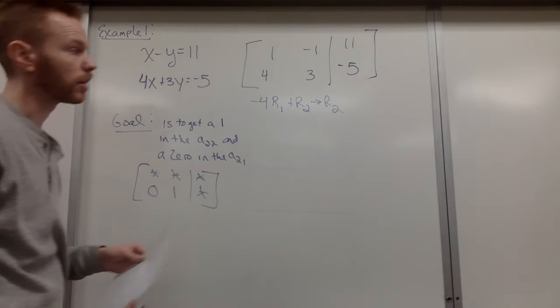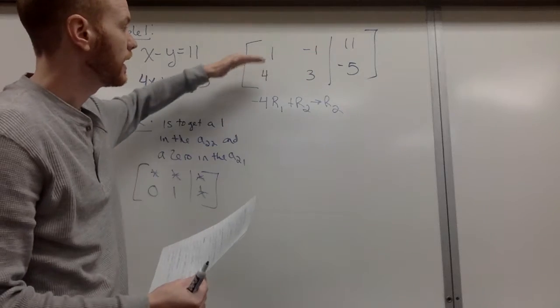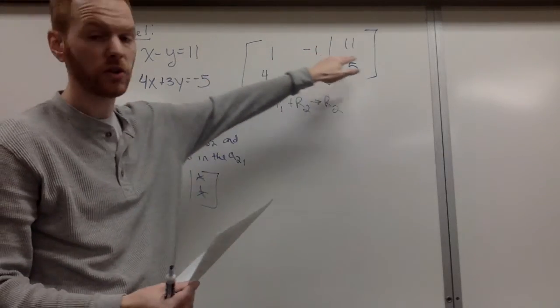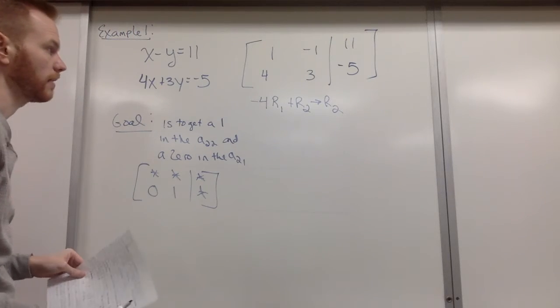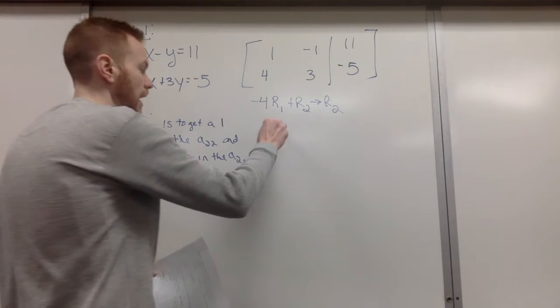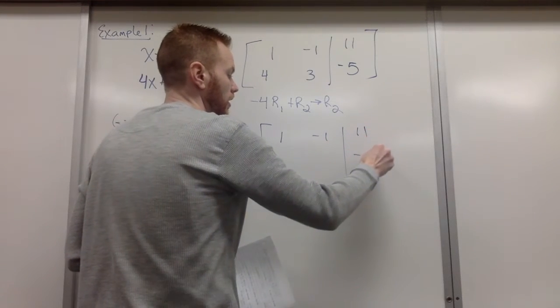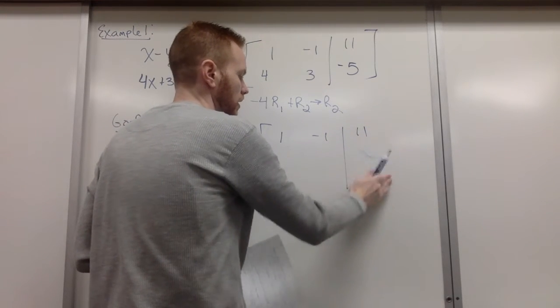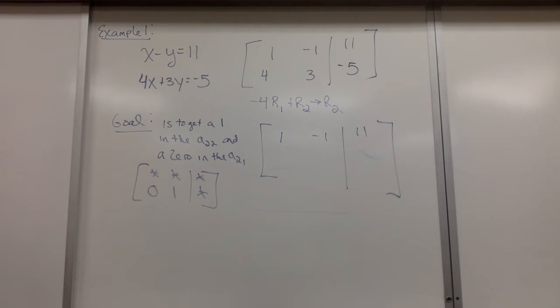Now, I'm going to be very clear: when I multiply the very top row and add it to this one, I don't change the first row at all. It is what it is. So I'm going to rewrite the first row. I'm not changing that first row; I just want to change the second row.